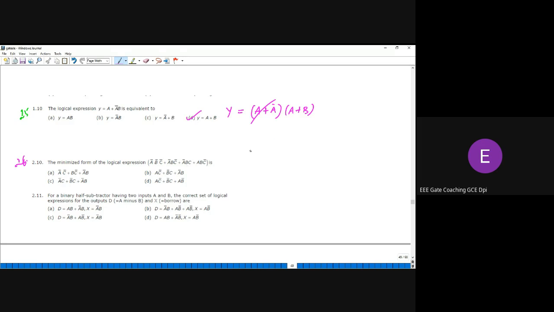So how to do it: on observing, we are having only 3 variables, right? A B C. So 3 variables means totally A, B, C, with A as 0 and 1, and B C as 0 0, 0 1, 1 1, 1 0.